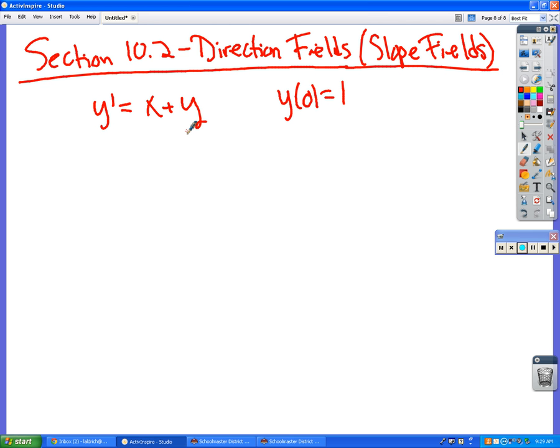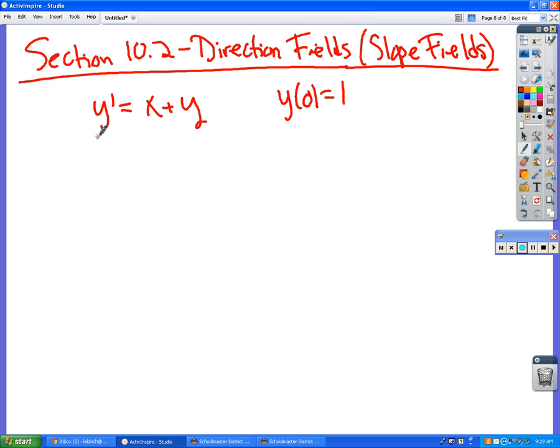We don't know a formula for the solution, so how can we possibly sketch its graph? Let's think about what the differential equation means. The equation y prime equals x plus y tells us that the slope at any point x, y on the graph is equal to the sum of the x and the y coordinates. Right? That's what this is saying.